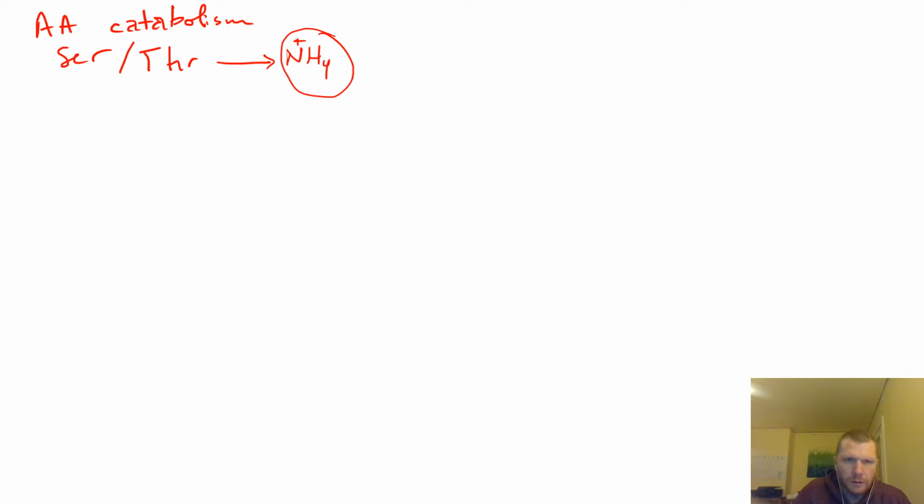The amino acids alanine and cysteine, well, those are two different amino acids that are going to use amino transferases.